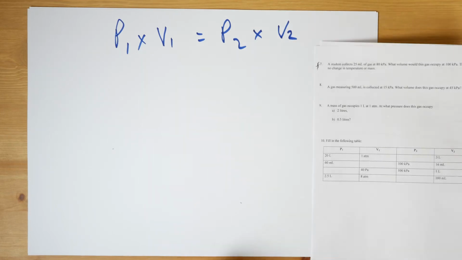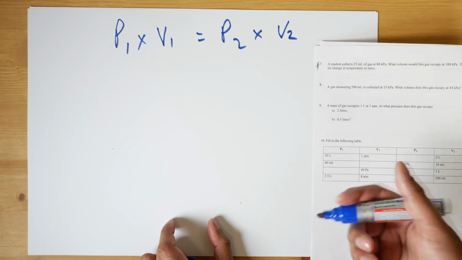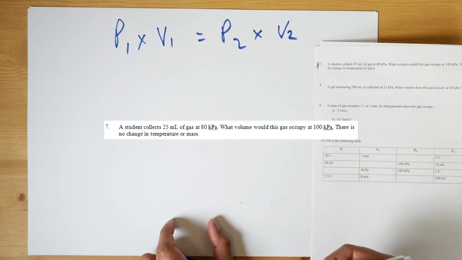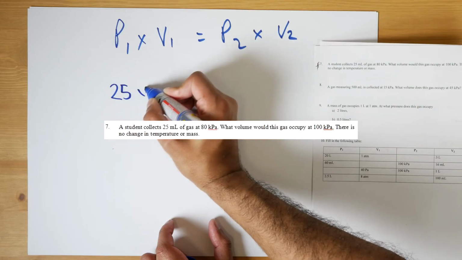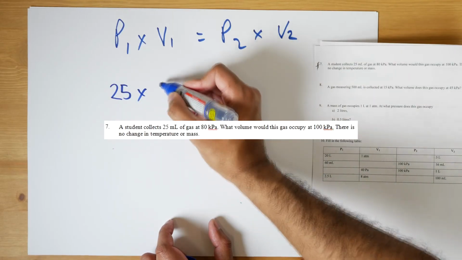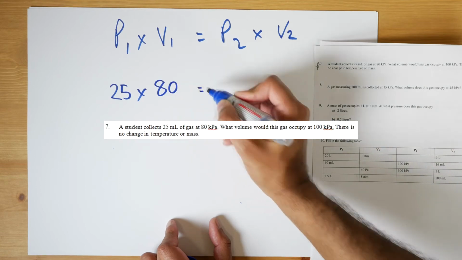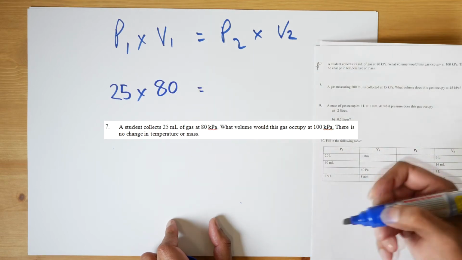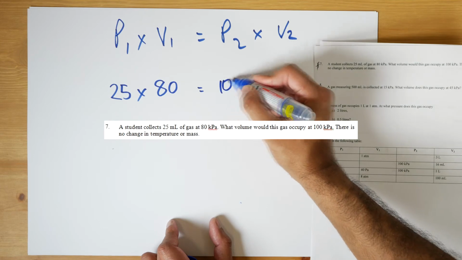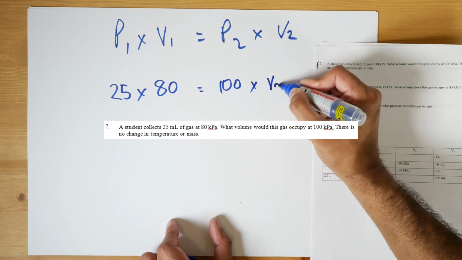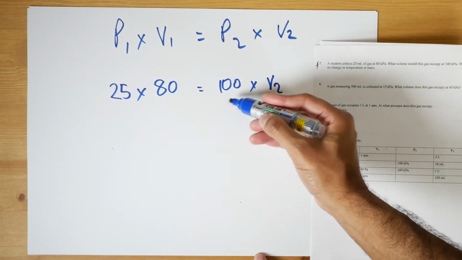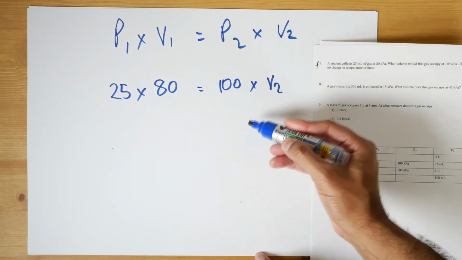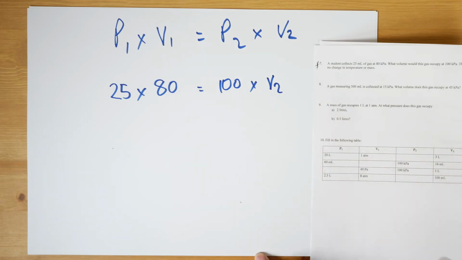All right, so let's first of all put in the numbers. So P1 is 25 milliliters times V1, which is 80 kilopascals, is equal to P2, which is 100, times V2, and we don't know what V2 is. So again, as before, we've got to get rid of this times 100. We just take it over to the other side, and the times becomes a divide.